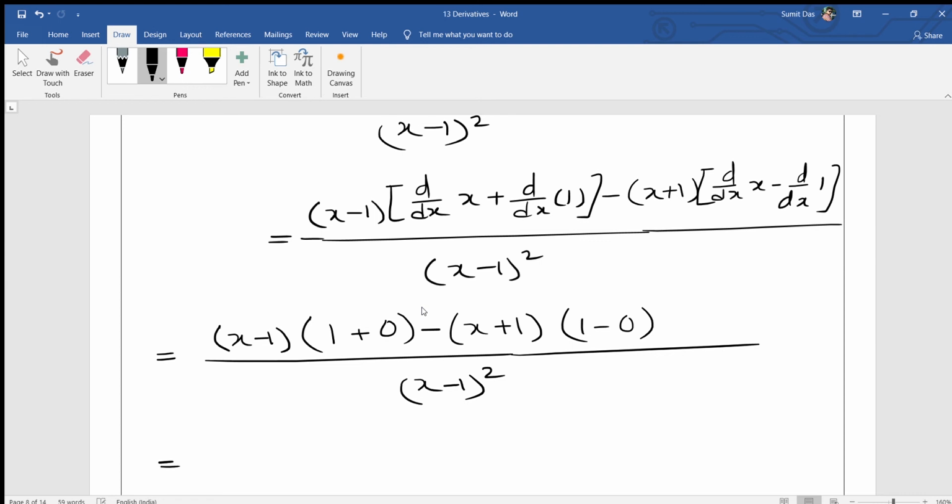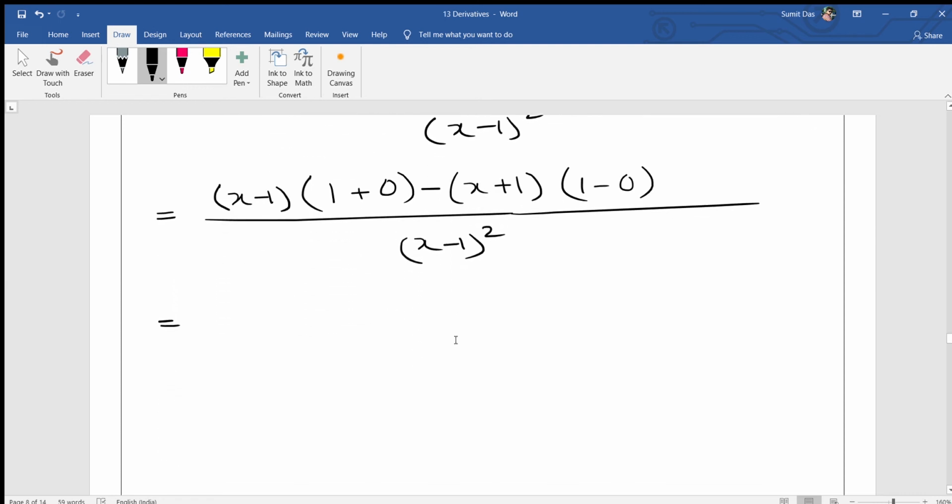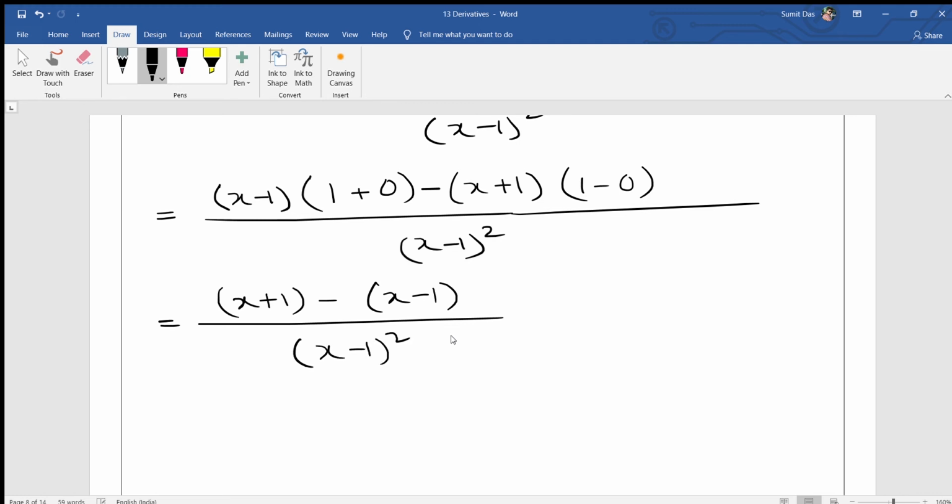If you simplify, it will be (x - 1), since 1 + 0 is 1. So here it will be (x + 1) minus (x - 1), over (x - 1) whole square. 1 minus 1 is 0.